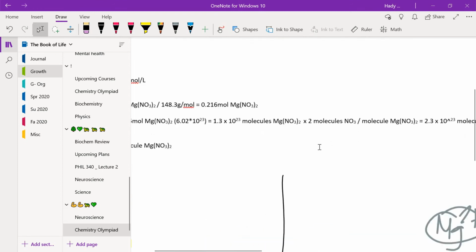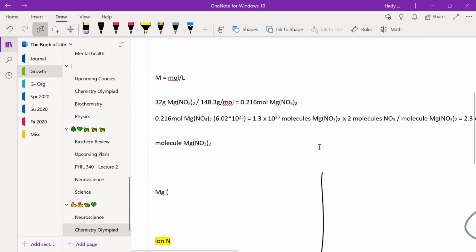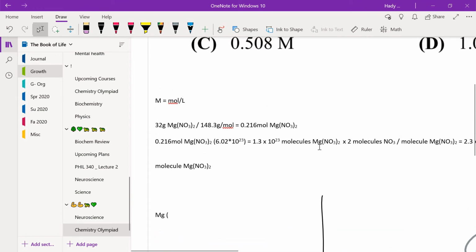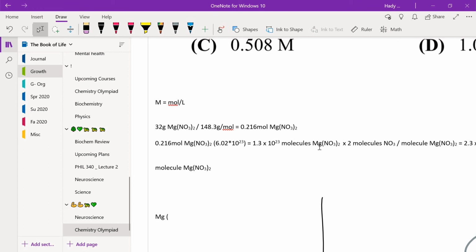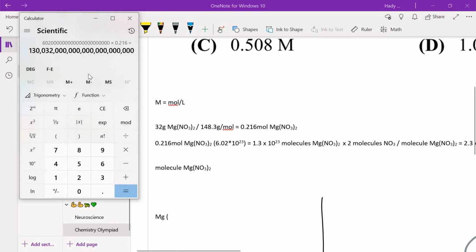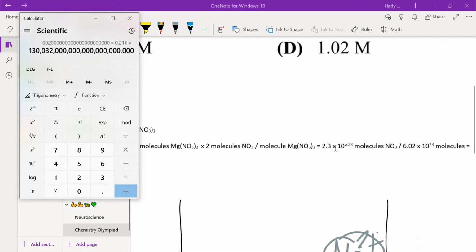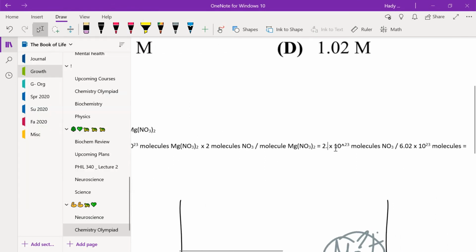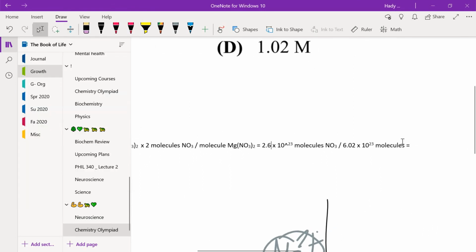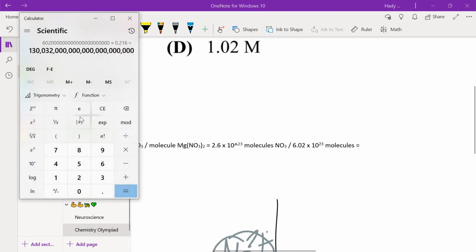It's going to be, I think, the same. Wait, is this correct? I went up 1.3 times 10 to the 23rd. Sorry. Yeah, so 2.6 divided by 6.02 times 10 to the 23rd, the powers just cancel each other out.